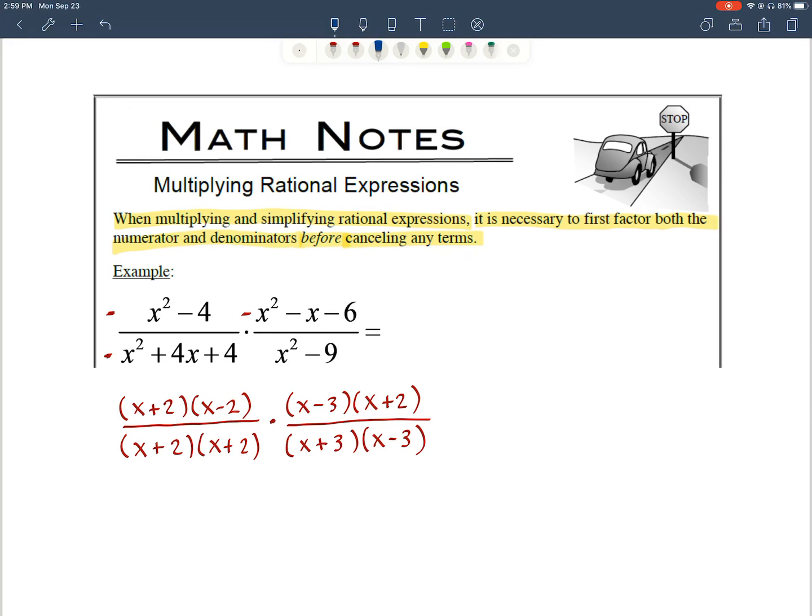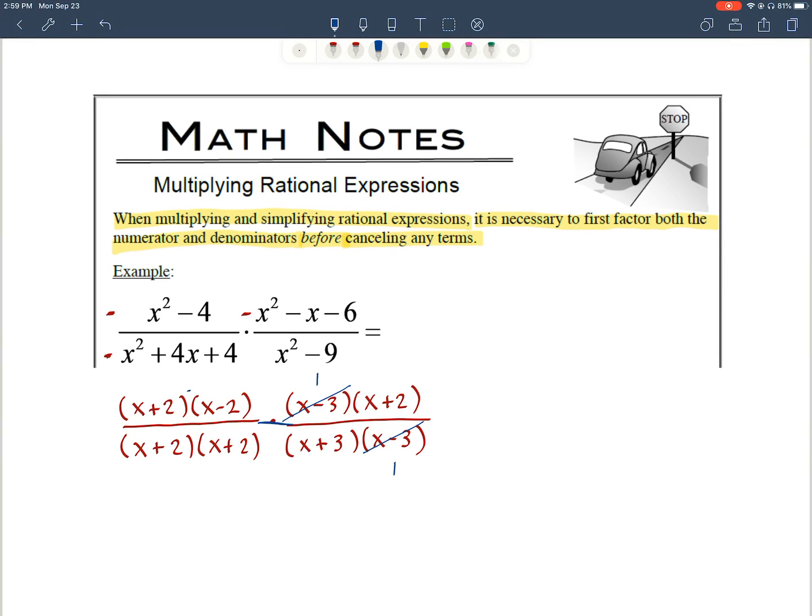Now that step of having to rewrite it as one fraction to be able to cancel isn't always necessary. Because I know this is going to be multiplication, this will end up being like one big fraction here. So I can go ahead and look for the factors that repeat in the numerator and denominator. So I have an x minus 3 here and an x minus 3 here. Those both end up being like 1.